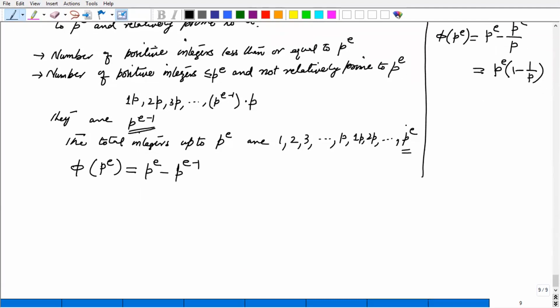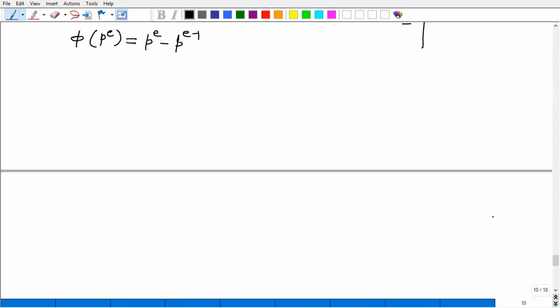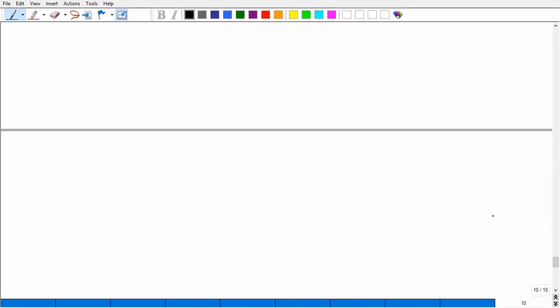Okay, let me give an example. For example, phi of 81. It is very difficult to find directly all numbers which are relatively prime to 81 and less than or equal to 81.